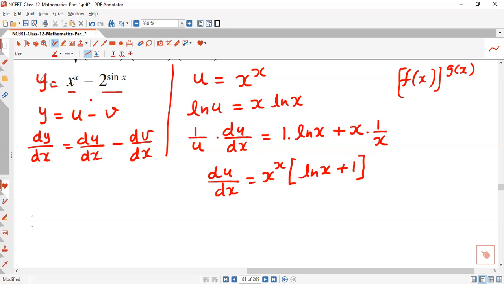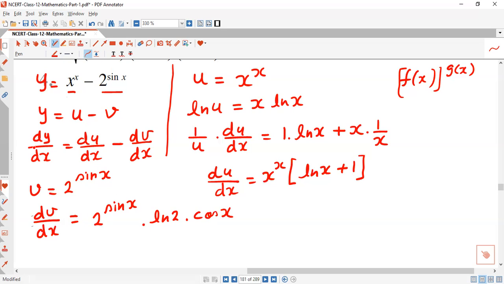Similarly, now you see what v is: v equal to 2 raised to sin x. This is a direct formula that dv by dx will be equal to 2 raised to sin x into log 2, and now we do the differentiation of sin x, which gives cos x.